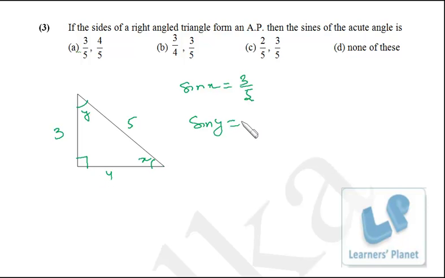So perpendicular is 4 and hypotenuse is 5. So sine x is 3 by 5 and sine y is 4 by 5. So your answer is 3 by 5 and 4 by 5. That's this. Okay.